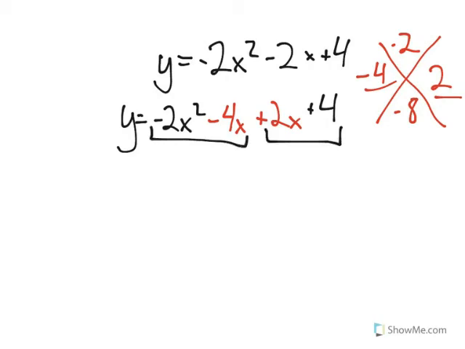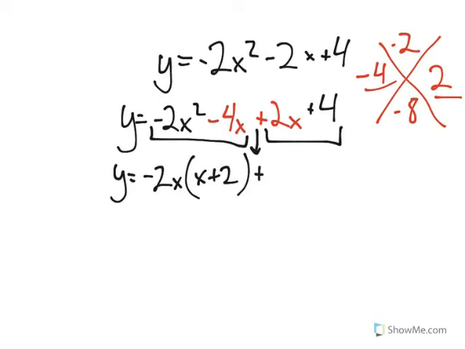So I'm looking to see what I can factor out of that first pair of numbers, and they both have a negative, they both are divisible by 2, and they both have an x, so I can factor out -2x, which would leave me with an x plus 2, because when I take -2x squared divided by -2x, I'm left with the x, and when I take the -4x divided by -2x, I'm left with a +2. This plus sign that's right in front of the 2 comes down, so I have a positive sign right there.